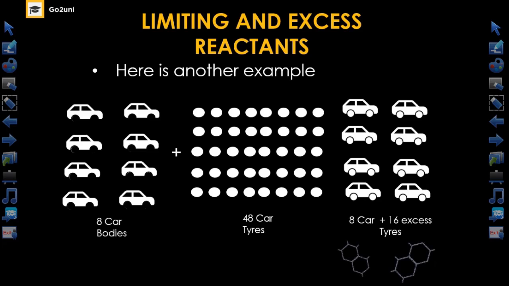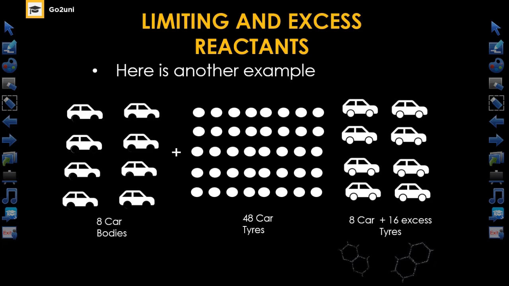It is excess because we still have 16 tires left over. But the 8 car bodies have taken the maximum quantity of tires that they need, and that is 32. When you multiply 8 by 4 each, we have 32 tires exhausted. So this is what we mean by limiting reagent and excess reagent.